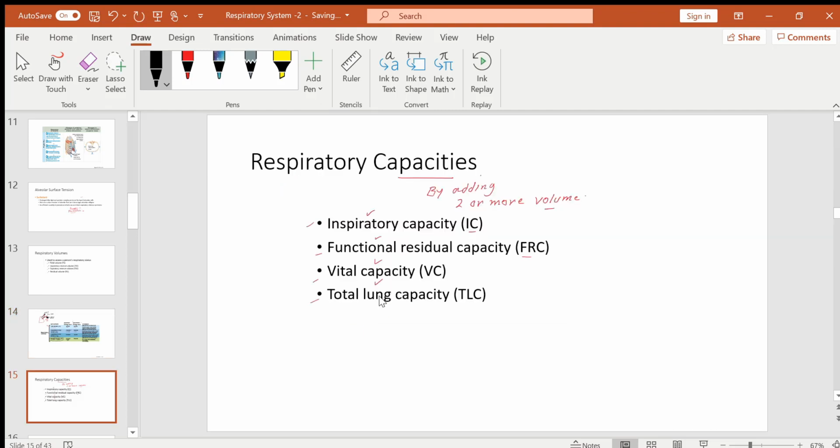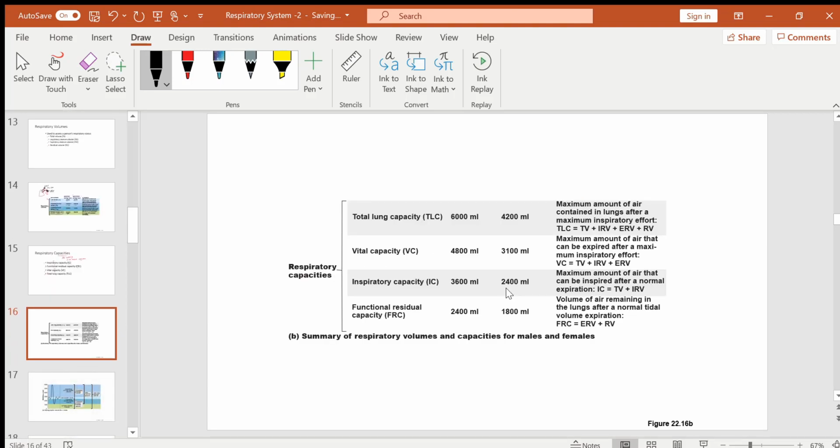Okay, so now the capacities. I told you the capacities are the addition of two or more volumes. Total lung capacity: if you add all those four volumes, you get the total lung capacity, which is more in male and less in female because of two main reasons.